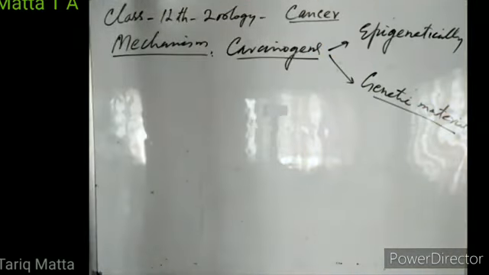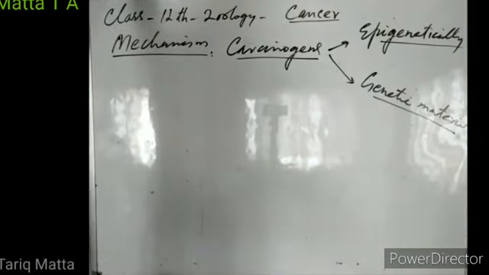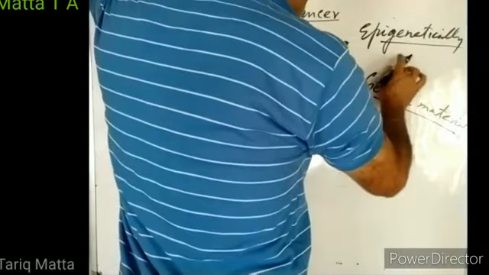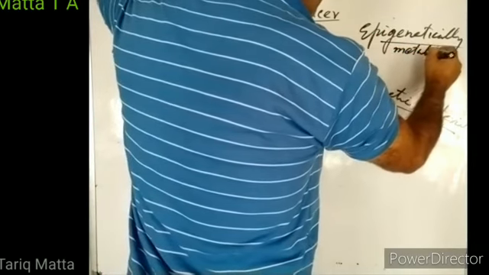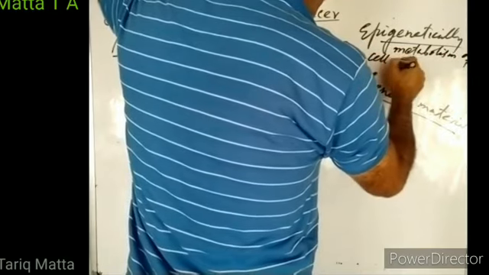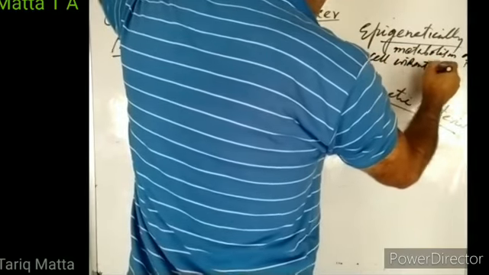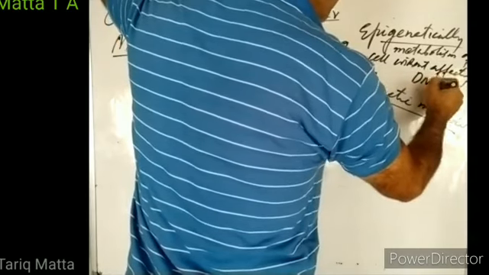So epigenetic changes are those changes which do not affect the genetic material, DNA, but these changes affect the behavior of the cell without changing DNA. So epigenetic changes occur in the behavior of the cell, in the metabolism of the cell, without affecting DNA.